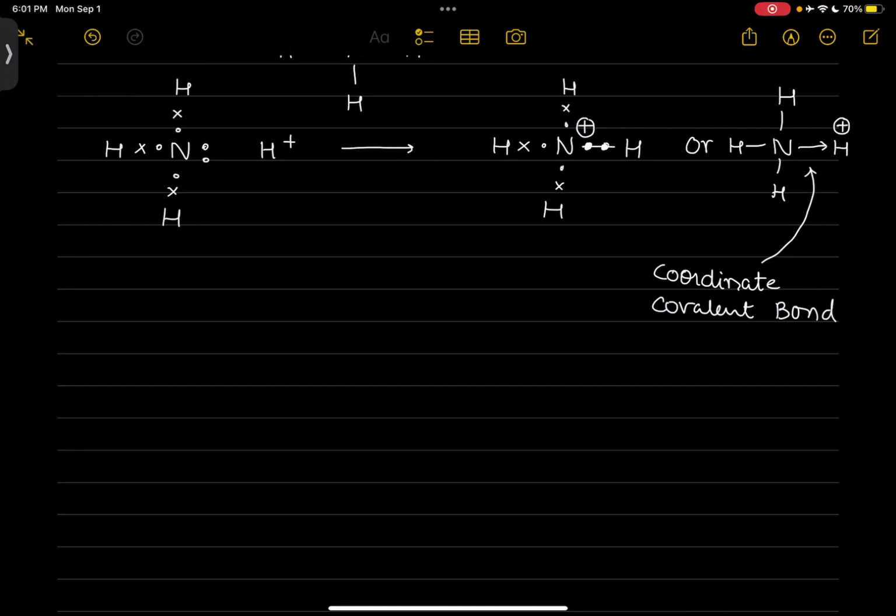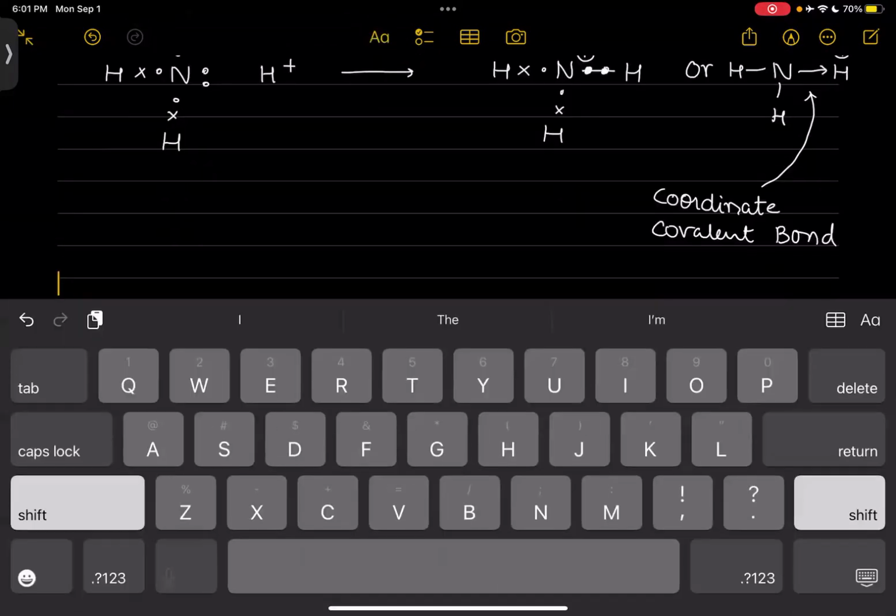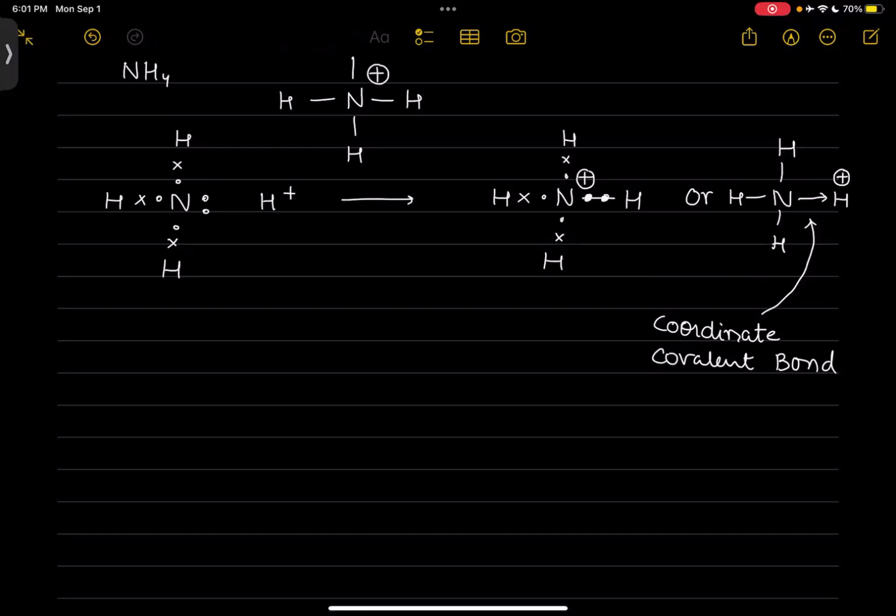What are the molecules carrying more than 8 electrons known as? They are known as hypervalent.